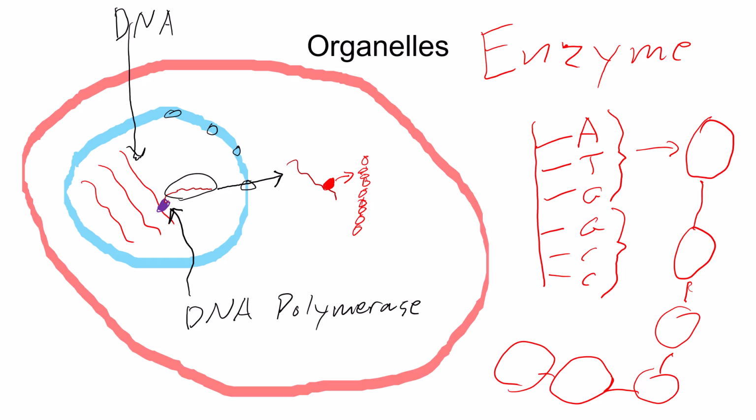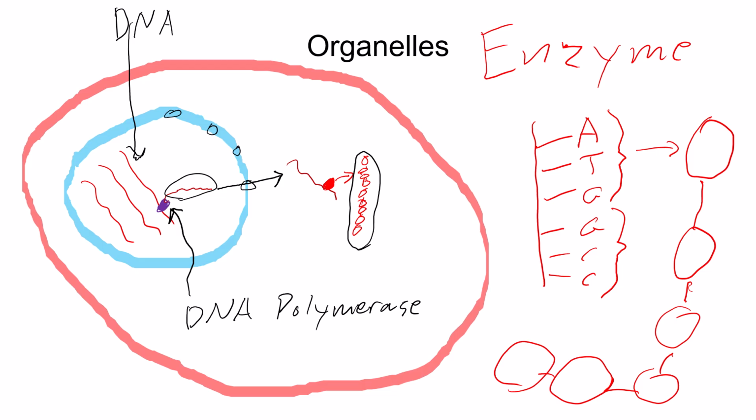Now, this string of amino acids altogether will make a protein, but it's not ready yet. Usually it still has to be modified a little bit and prepared before it is finished to do its job in the cell.